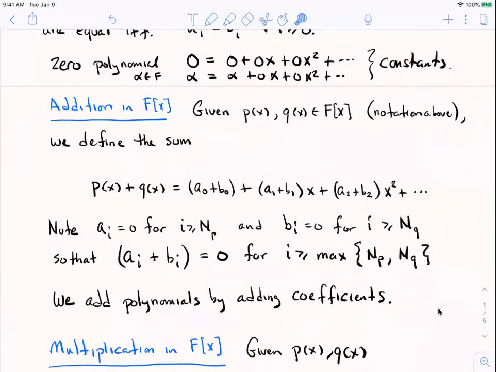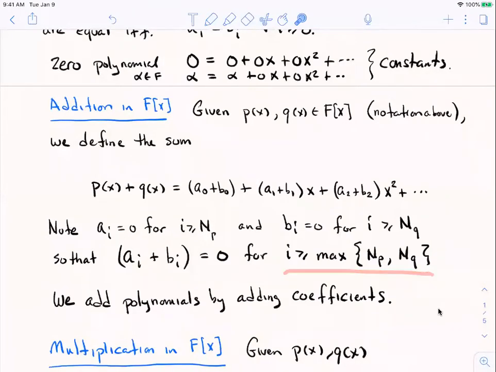So that's what I'm writing here, that a_i is 0 for all i greater than or equal to some number. I'm denoting that number by n_p, because it depends on the polynomial p. And b_i is 0 for all i greater than some number n_q, which depends on the polynomial q. So the sum of a_i and b_i will be 0 as long as i is bigger than the maximum of those two numbers.